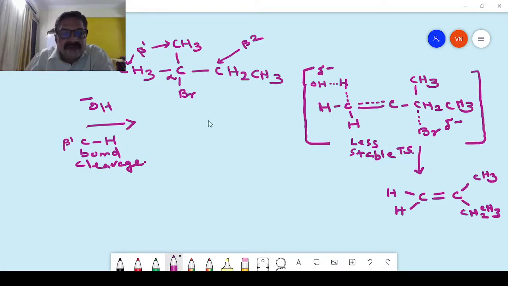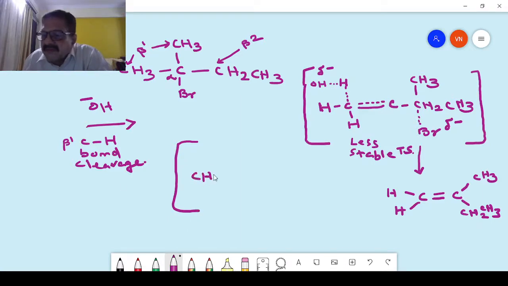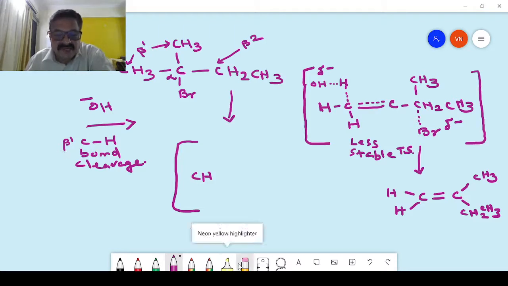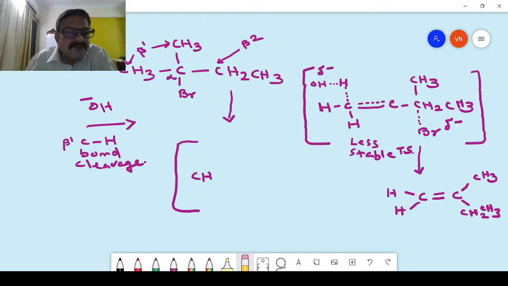Now another one, the second transition state. Let us see how it will be. What kind of alkene will it give here? That is the cleavage of the beta 2 CH bond. Here this will be the beta 1 CH bond, and here it will be beta 2. I will have to change here to avoid confusion.